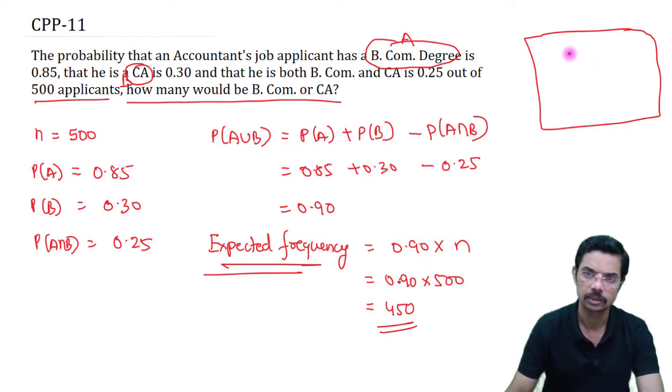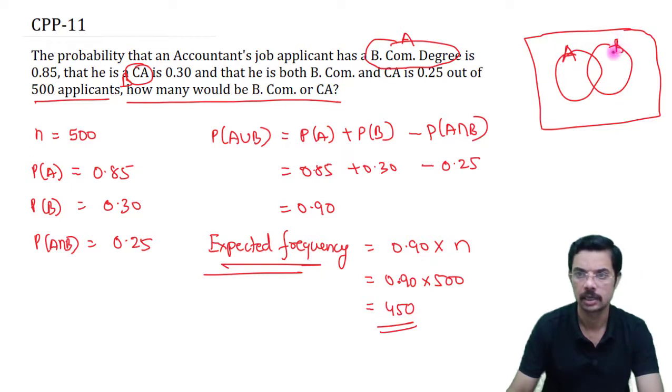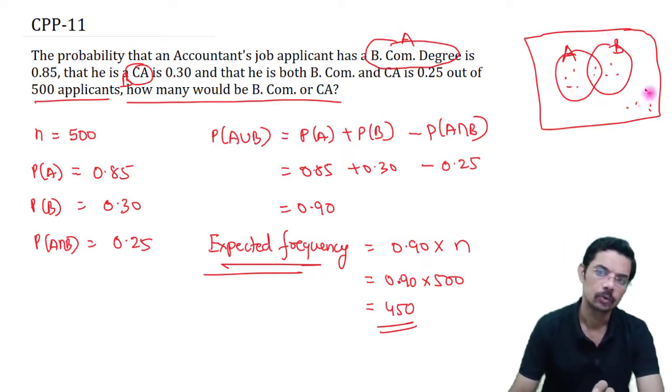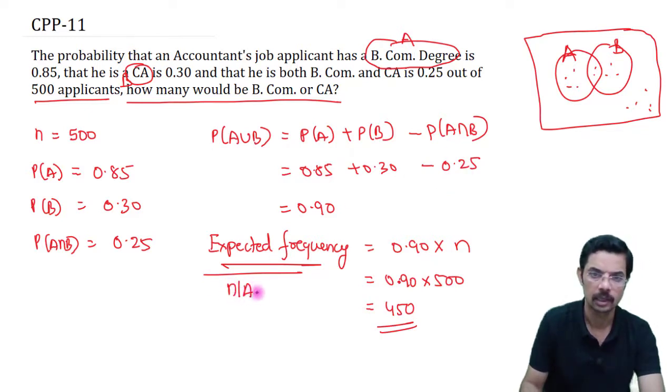So there are some candidates who are BCom, there are some candidates who are CA, there are some candidates who are both of them, and there are some candidates who are none of them, but they have applied. Okay, like that. So what is the total number of people who are both of them? Okay, the number of people in A union B is asked. Expected frequency will be equal to number of elements in A union B. This is asked.